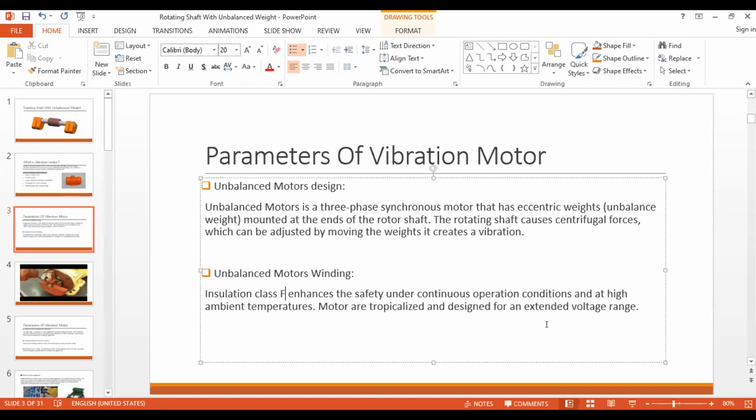That is where we use class H insulation, but it is very costly, so no need to go for class H unless it is required.